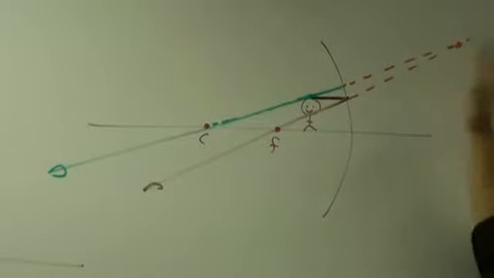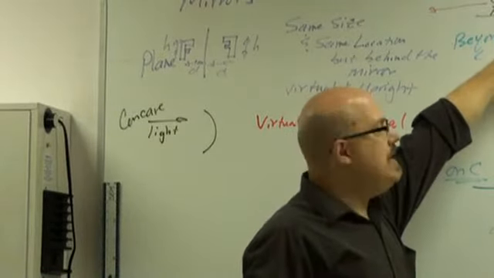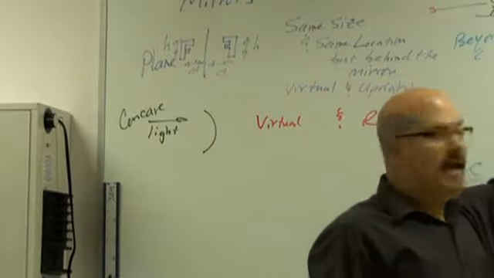Concave mirror. What kind of images form in a concave mirror? Virtual and real. What kind of real images form? Inverted. They're always inverted for a single mirror, but look, it's mini-me or bigger, to gigantic me.